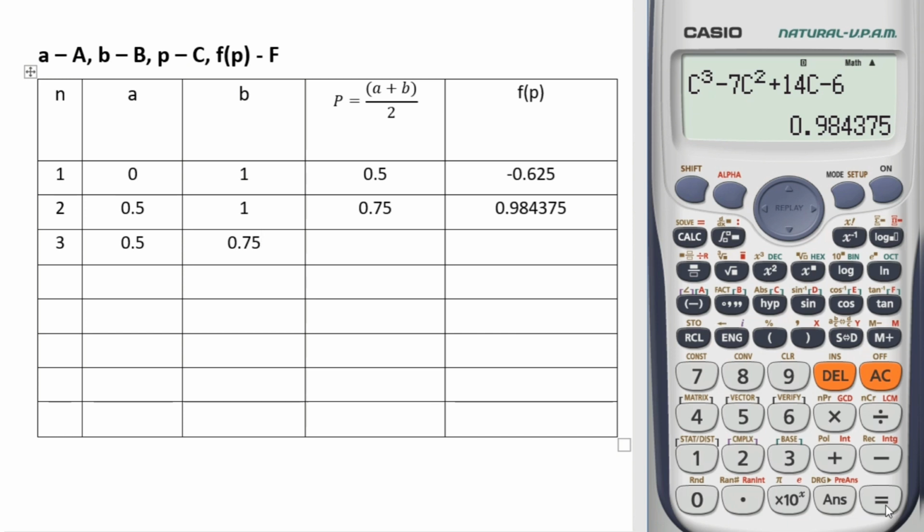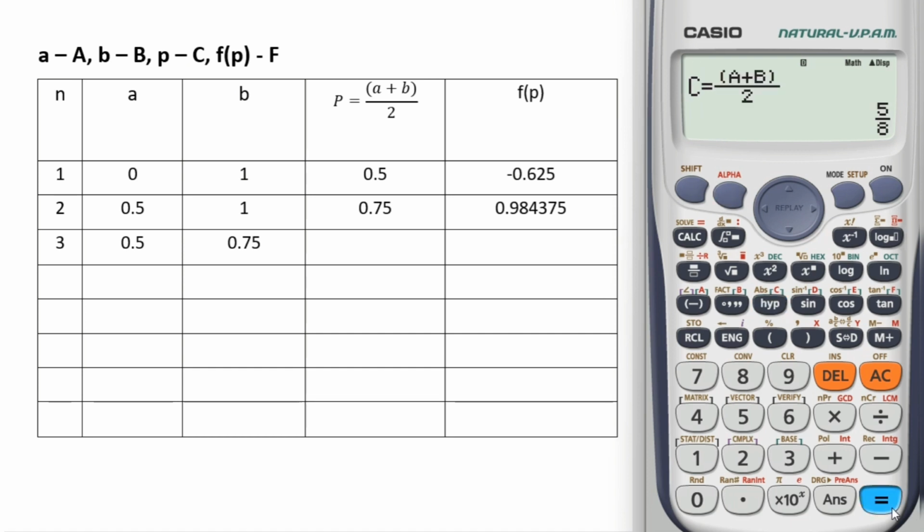Again click the equal button, and we have 0.5. It doesn't need to change. Again equal button, and B needs to change, so I click alpha, then C, then equal, and we have 0.625.